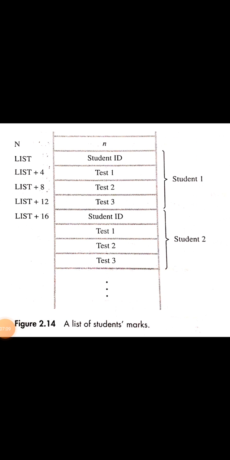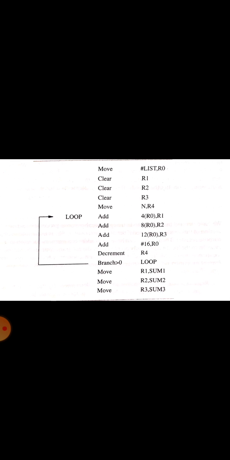In this example, we are taking a few students, and their IDs and marks we are trying to store in locations. Finally, all these test marks we are trying to add and store in different locations like sum1, sum2 and sum3. As I have already said with respect to indirect addressing mode, we will be using a pointer.